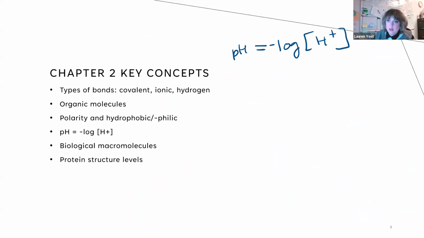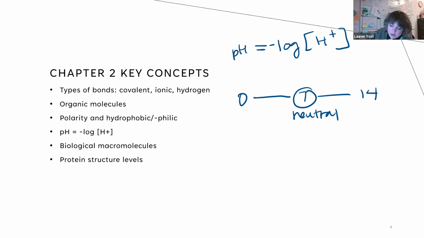I'm not going to make you do math with it, but what this means is we know our pH scale goes from 0 up to 14, and we know 7 is in the middle or neutral. And if you're less than 7, you're going acidic. And if you're greater than 7, we're going to basic or alkaline.